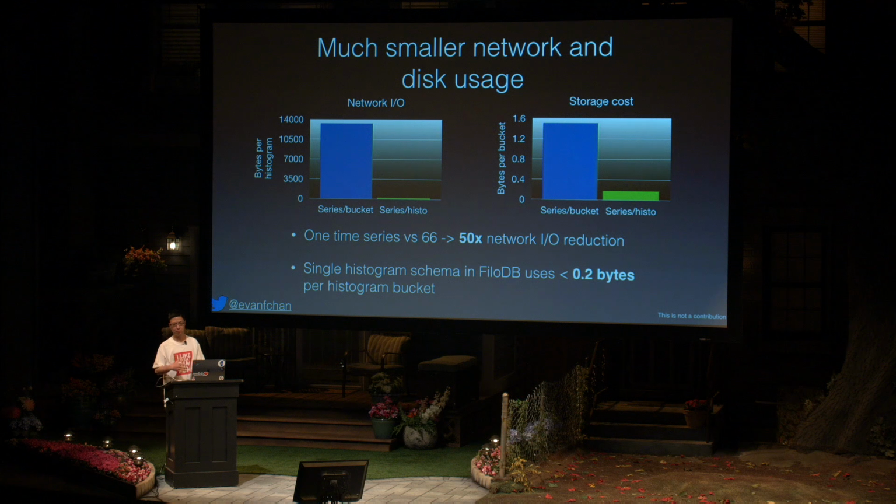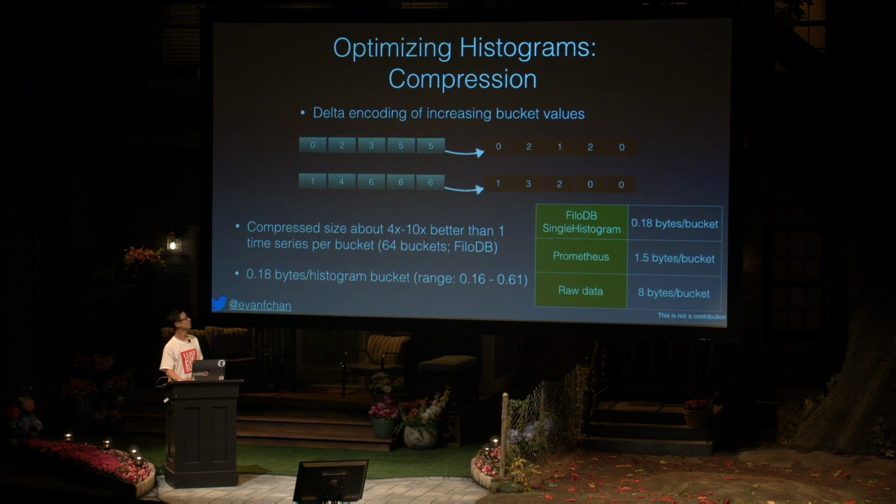So that's definitely a big enough gain that the cost of switching to this format was worth it for us. The other thing we find is that we also can improve the storage costs quite significantly for histograms. So I'll go into this just a little bit. I'm happy to talk about details and collaborate on solutions for this.